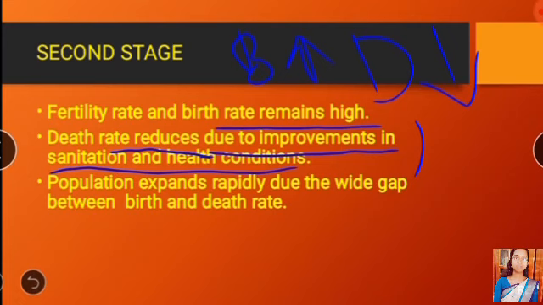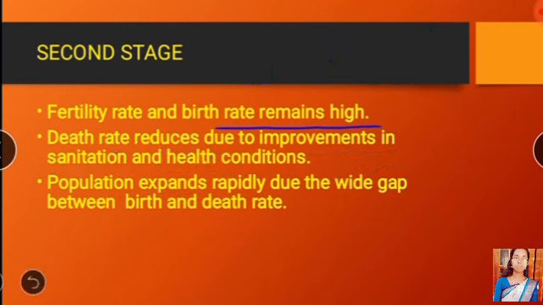That's why the population expands rapidly because of the wide gap between birth and death rate. So the second stage is marked by high birth rate, low death rate, thus the population growth is large. So the population is expanding at the second stage.